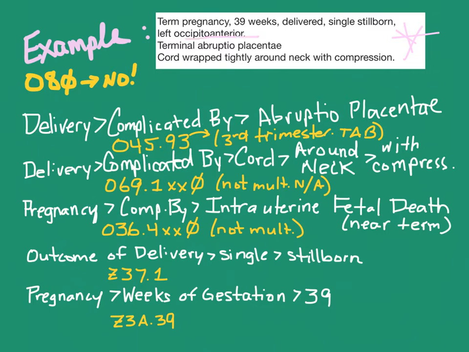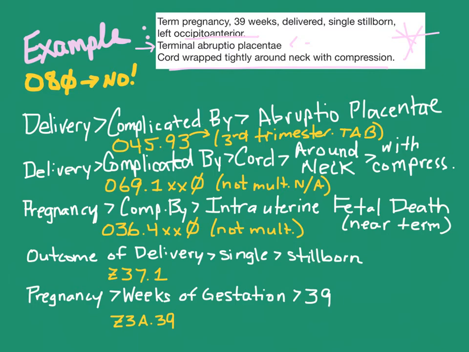These terms are actually described pretty well in the handbook, so make sure you take a look. And then we have terminal abruptio placentae. This just means the placenta prematurely detached from the wall of the uterus, and in this case it's terminal, meaning causing death.